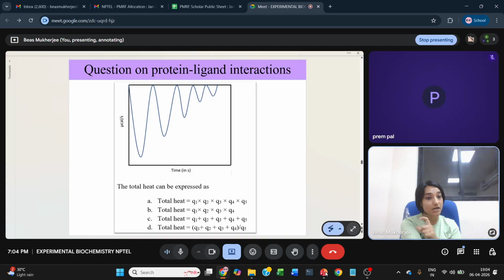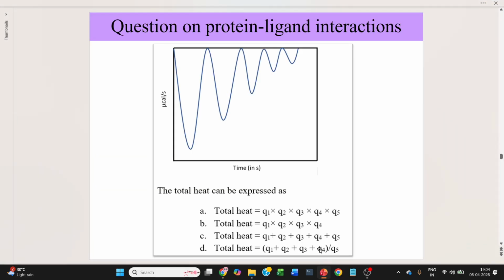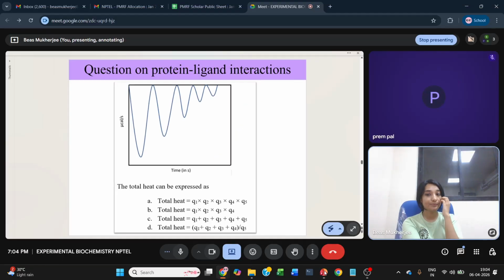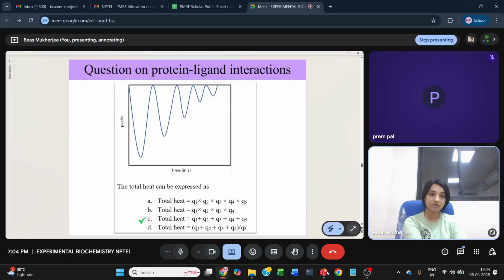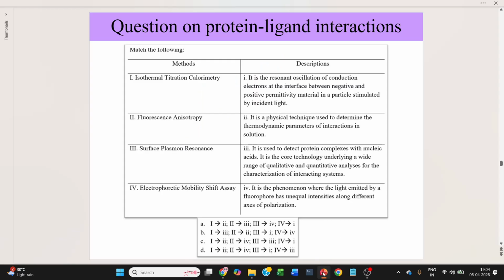So search these individual topics, ITC, SPR, etc. You'll find a lot of material on them. Read exactly what is what, how you calculate, how you interpret these graphs, because these are very important questions. If you know the basic principle, that is good enough, but you will have to know how to interpret the results also. Summation. Okay, it's an integration basically.